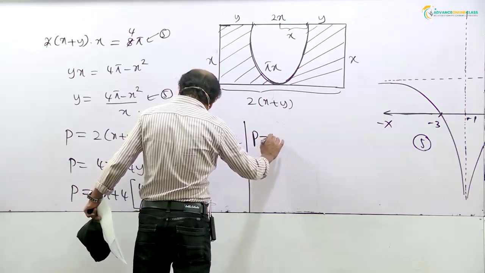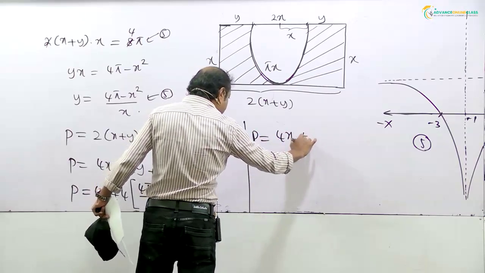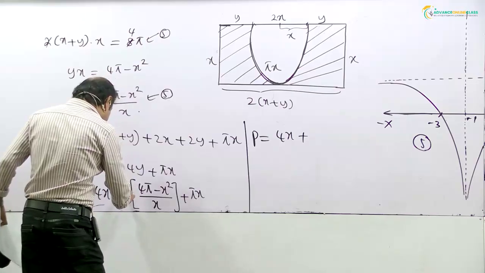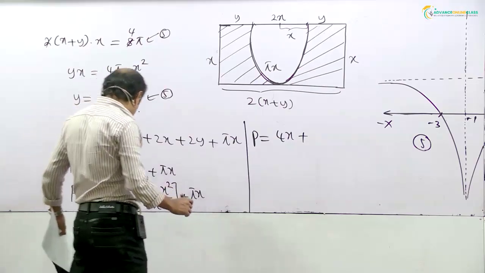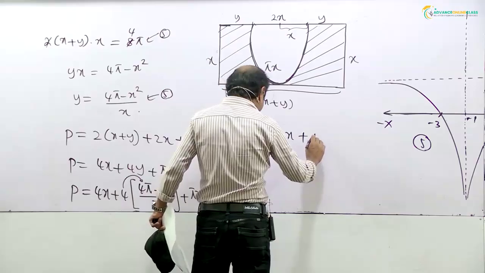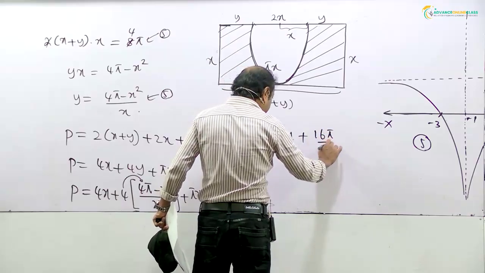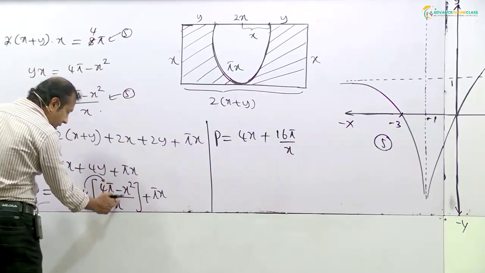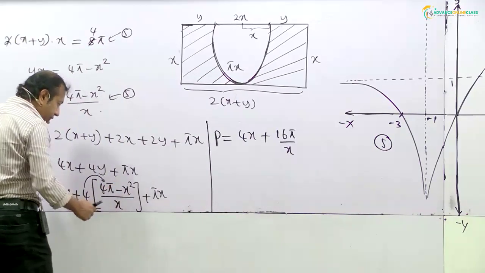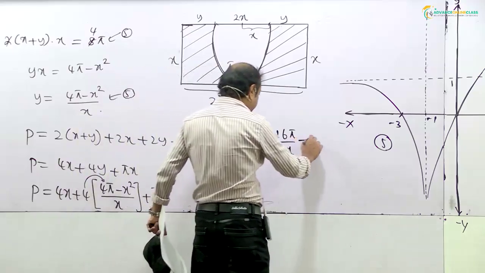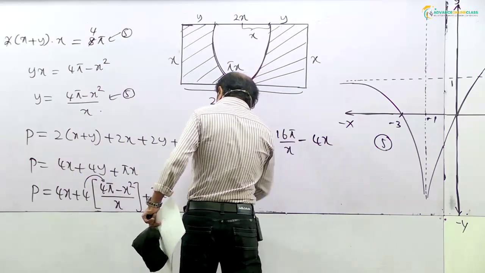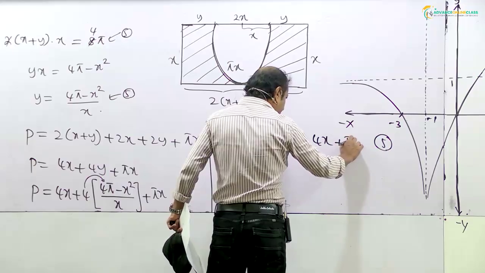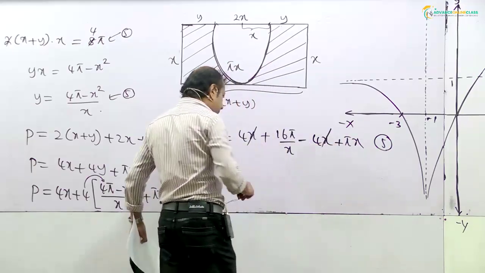P equals 4x, remove the bracket here, 16π over x. Bring this inside, x and x you can cancel down, minus 4x. And this πx. These two you can cancel down.